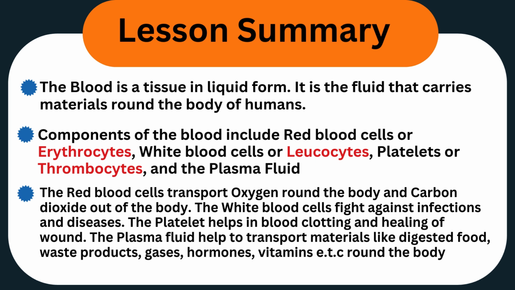The white blood cell fights against infections and diseases. The platelets help in blood clotting and healing of wounds, while the plasma fluid helps to transport materials like digested food, waste products, gases, hormones, vitamins, and so on around the body of animals.